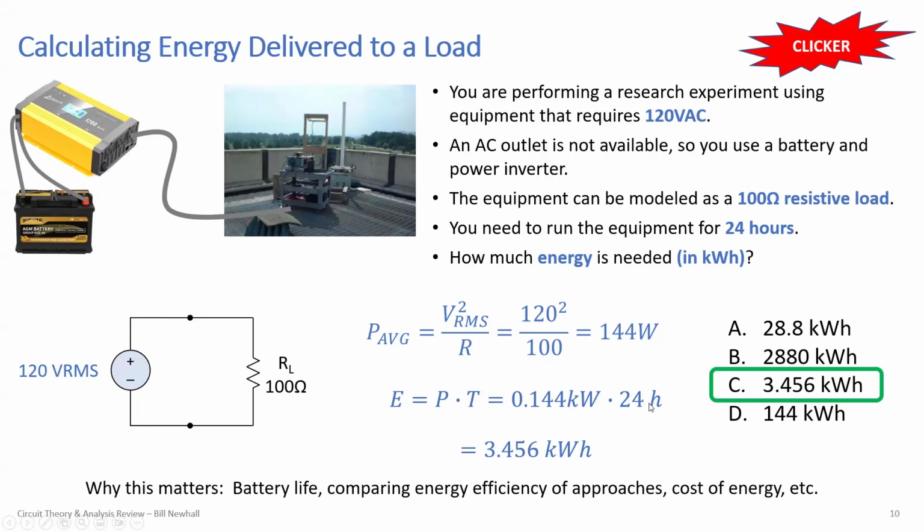For a certain circuit, you could figure out how many kilowatt hours or joules or whatever unit a circuit consumes. You can look at different approaches. You can calculate, just like we did, the cost of energy to run the system, maybe not for a day, maybe for a month, or maybe we have to run it for a year. How much do we have to budget to run this for a year? So that's what it's good for. Okay.